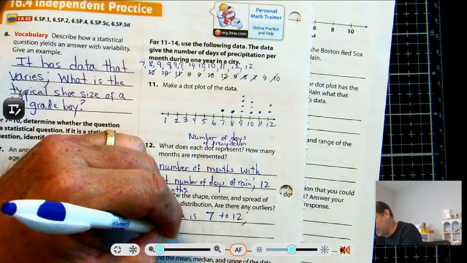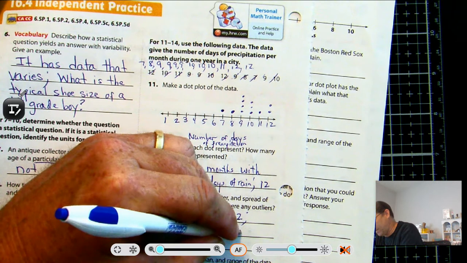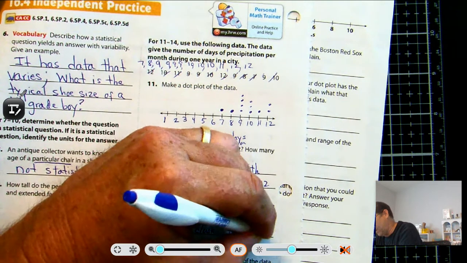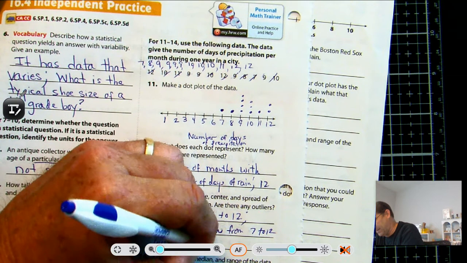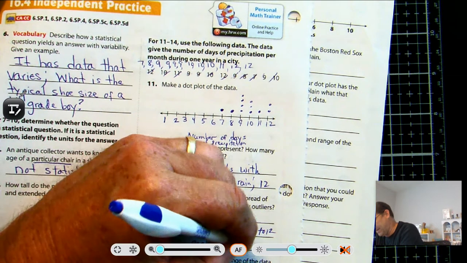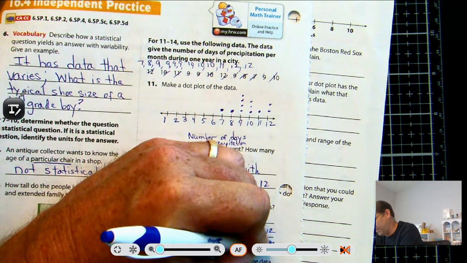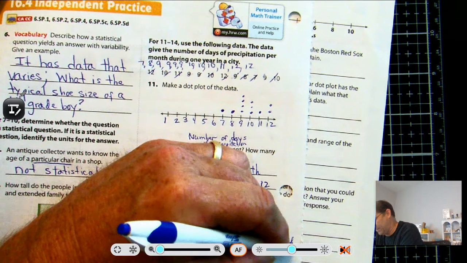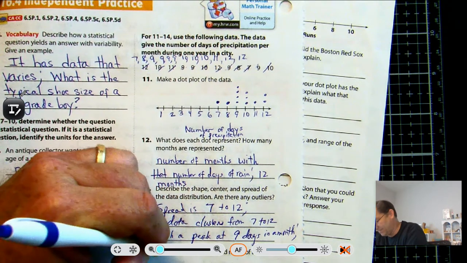The data clusters from 7 to 12 with a peak at 9 days in a month. The data is not symmetric.